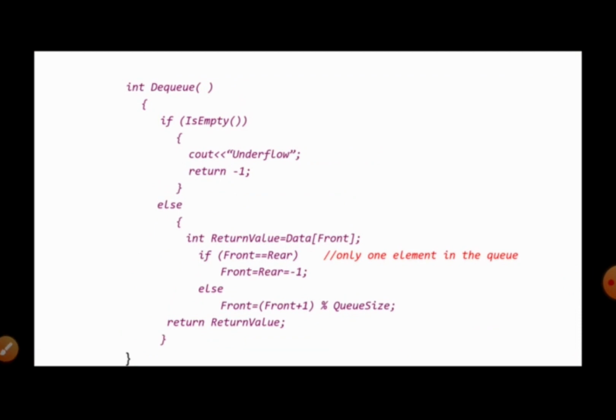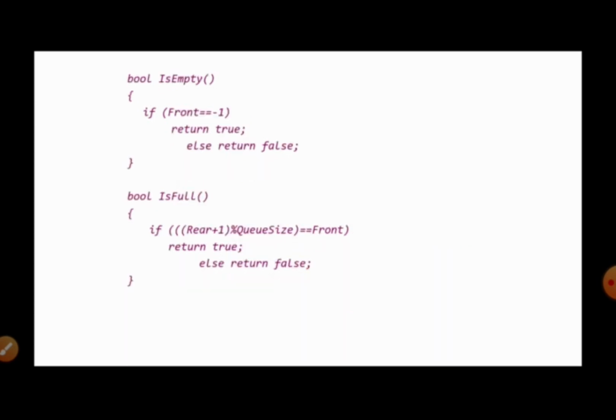In the dequeue process, first of all we check whether the queue is empty or not. If front is equal to -1 or rear is equal to -1, then the queue is empty, else there are some values in the queue.